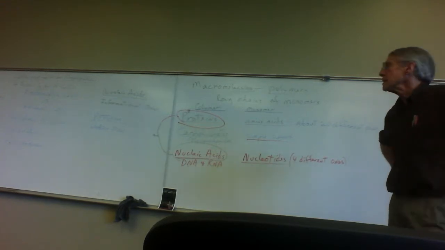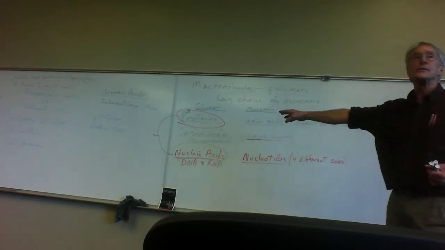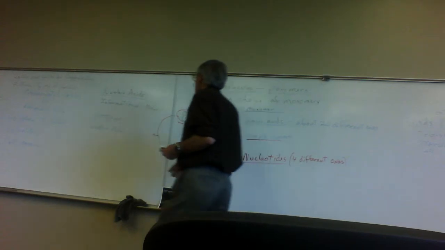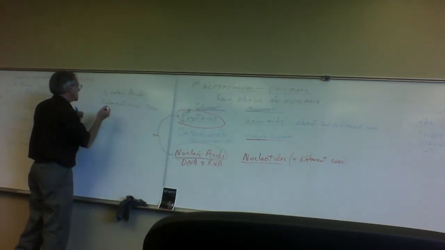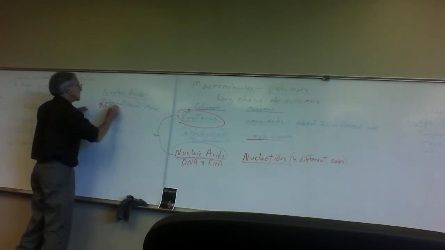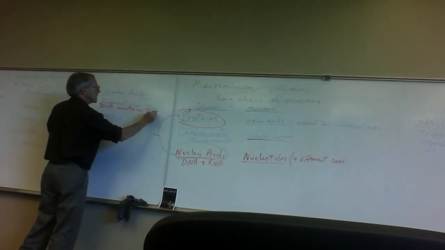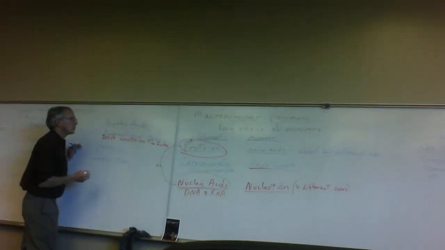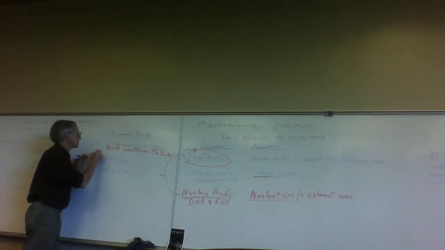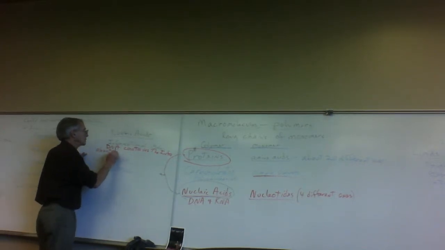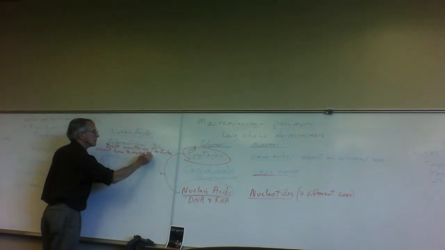DNA, let's just make it easy to tie this together. We'll do the RNA stuff in the future, but for now, DNA, we said it's informational. DNA contains the information about how to make the proteins.